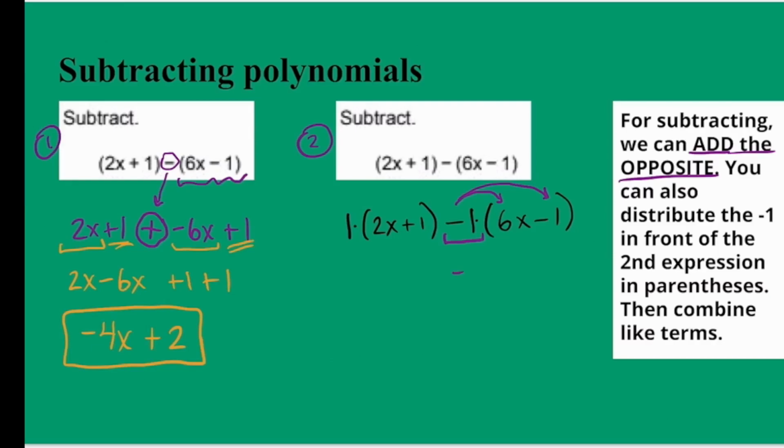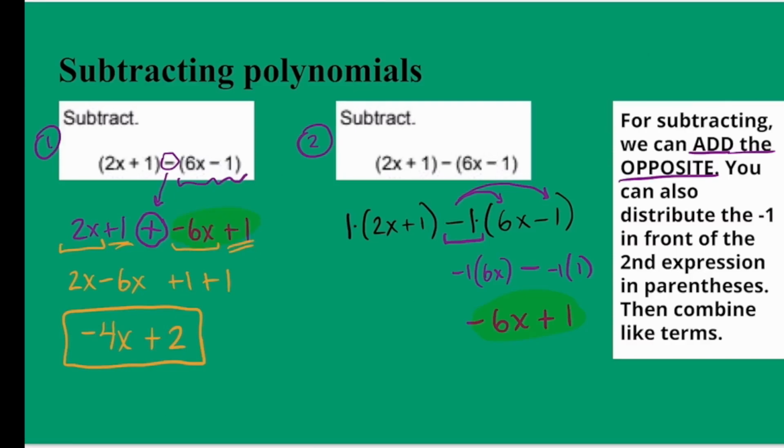So it's pretty much negative 1 times 6x minus the negative 1 times the 1. So this whole right side simplifies to negative 6x plus 1. Negative 6x plus 1 is the same as this, negative 6x plus 1.